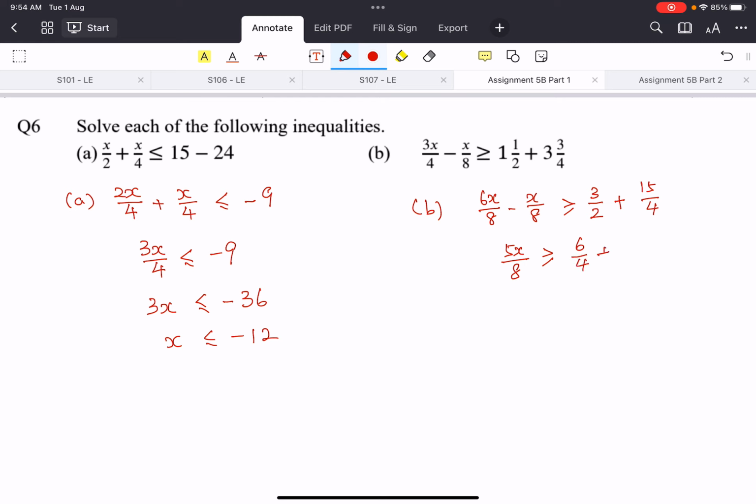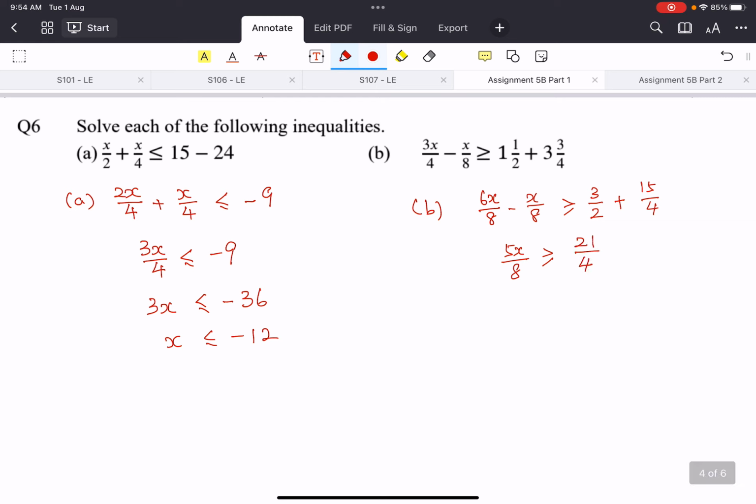If you want, it's actually fine to just use the calculator. If I have 3 over 2 plus 15 over 4, using the calculator we get the value 21 over 4.